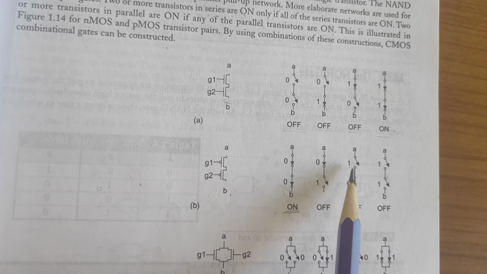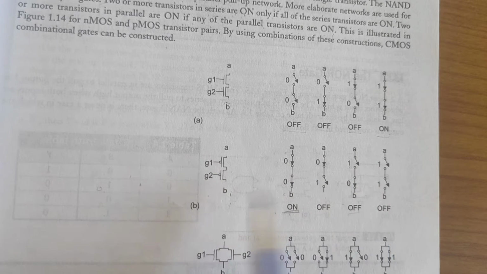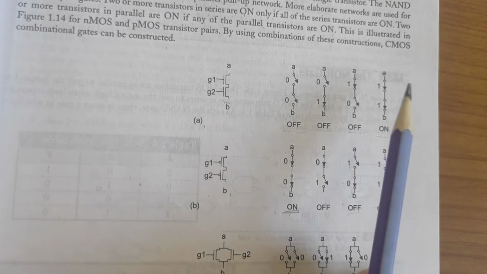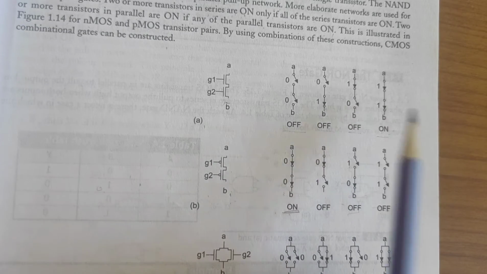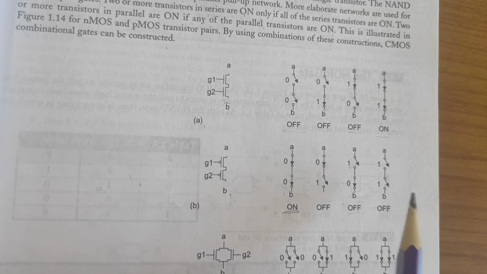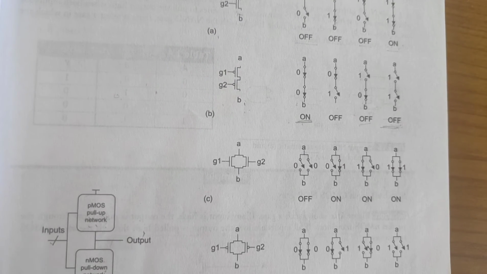Here also one is open, one is closed, it will give off. And here, when it is 1, 1, both are open. For PMOS, when 1, 1 is given, both are open, so it will give off. For NMOS, when both are 1, 1, it will be connected and it will give the output as VDD. While for PMOS, when 1, 1 is given, it will be connected to the ground and it will give the output as 0.